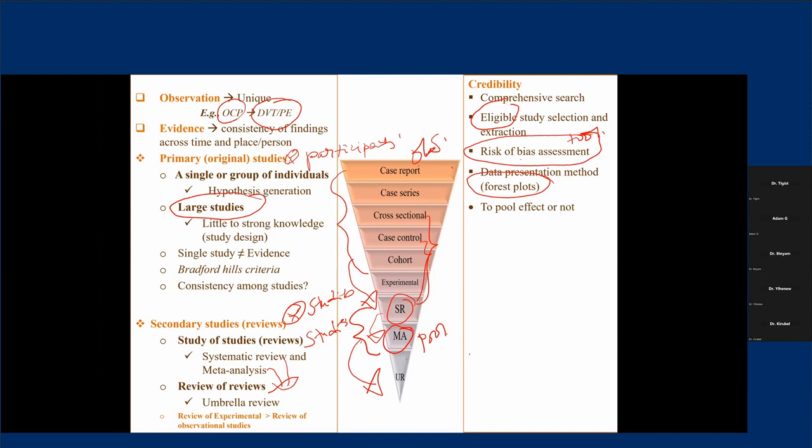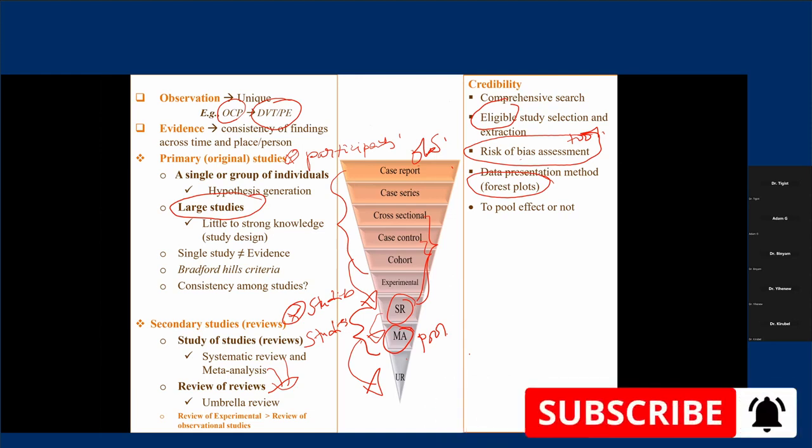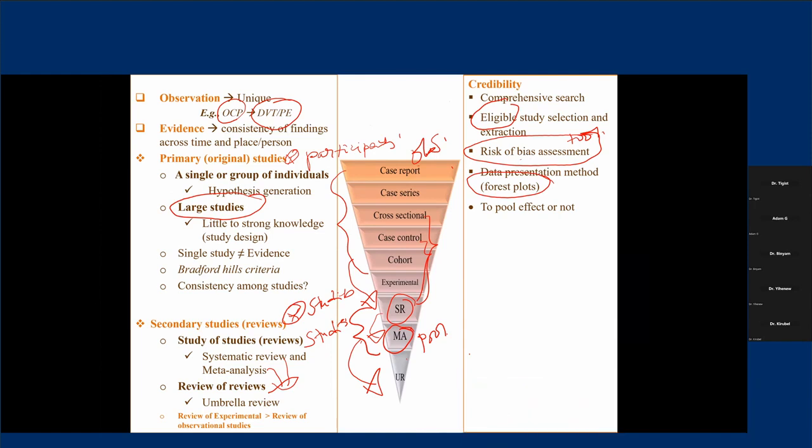Because everybody wants a single answer, right? Even in medical school, someone will ask, what's the risk of this exposure on this outcome? Tell me the number, right? Even our patients ask that kind of question: by how much is my risk because of this exposure that I have? To give that single number is something nice, but whether we should always pull effects together should depend on a number of factors.